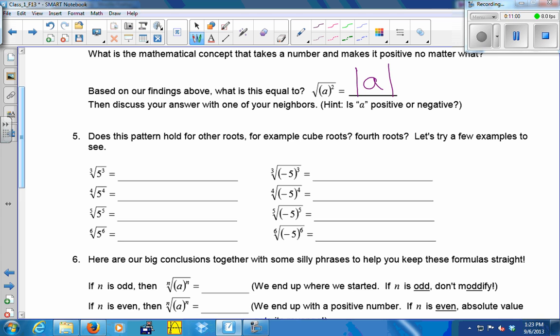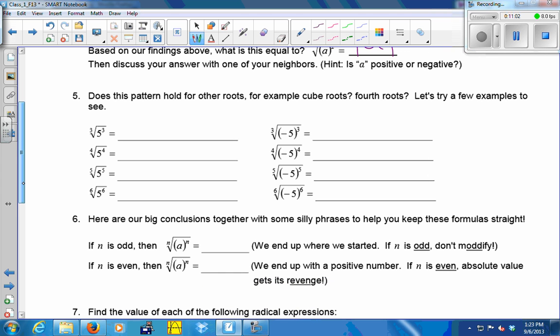So let's see if this rule holds for other roots. If I do a cube root of 5 cubed, well, what is 5 cubed? 125. It means 5 times 5 times 5, right? So I want the cube root of 125. What number do you cube to get 125? 5. Okay, so I get the 5 back. Good. Let's see what happens when I have a -5. I want the cube root.